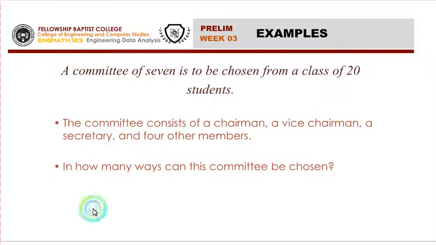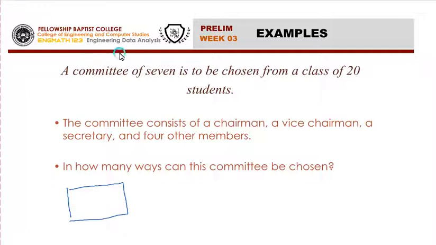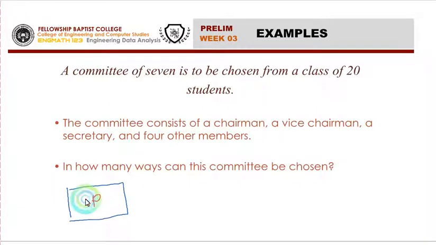In the first stage, we choose a chairman, vice chairman, and secretary. Since there are positions to fill in, we should be aware that there is an order, which is permutation.